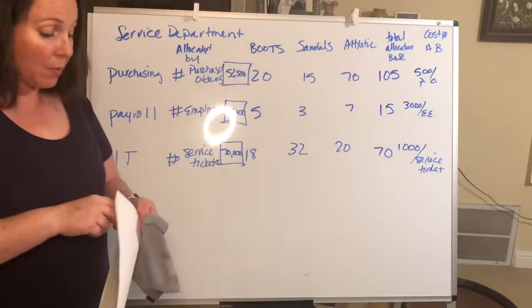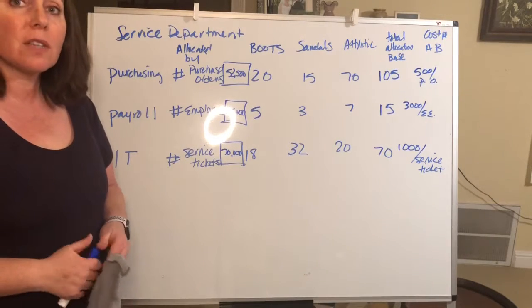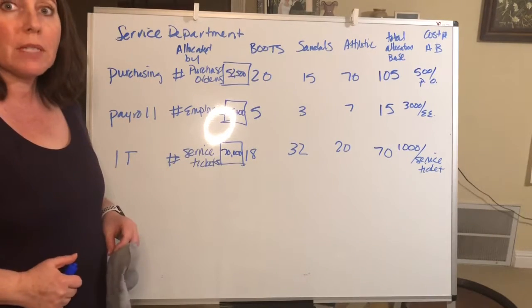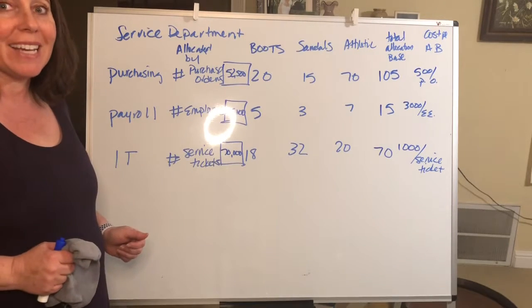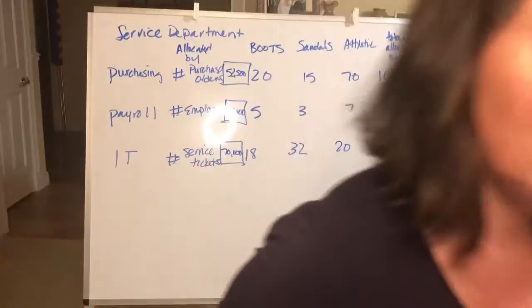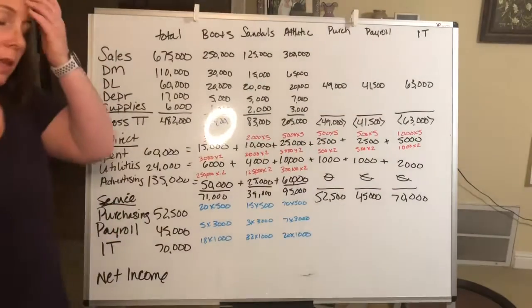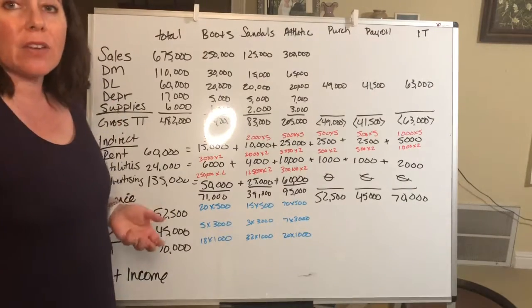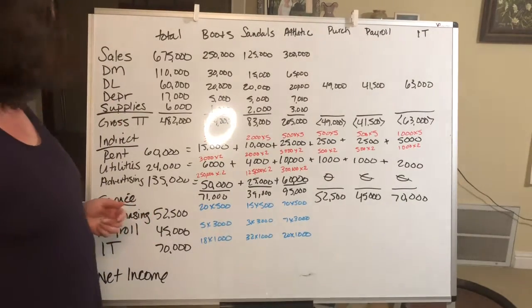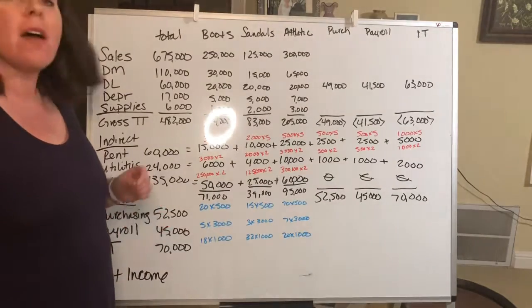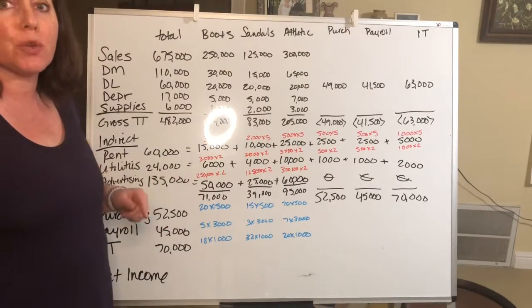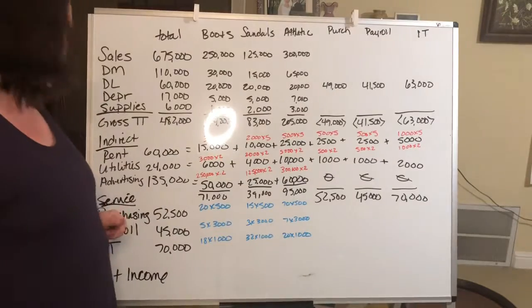All right, now that we know how we're going to allocate our service costs, let's go back over to our main spreadsheet and get these allocated out, and then we'll calculate our net income. Now we're ready to allocate our service costs. We calculated that purchasing would be allocated at a rate of $500 per purchase order from each department.